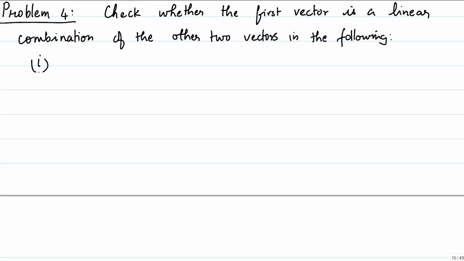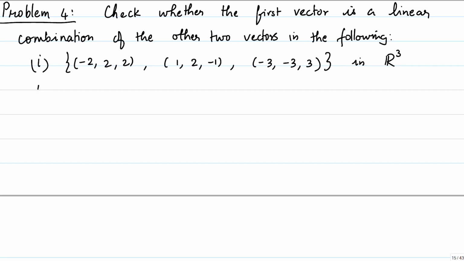The first one is (-2, 2, 2), (1, 2, -1), (-3, 3) in R3.